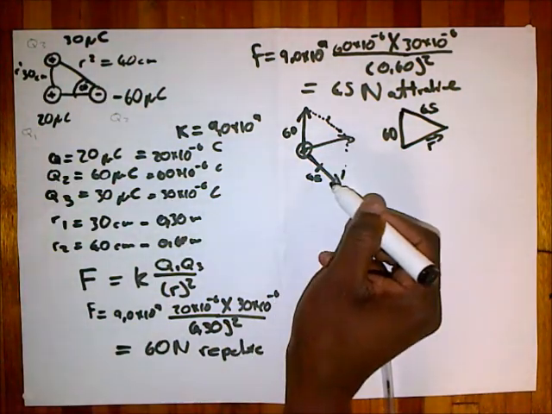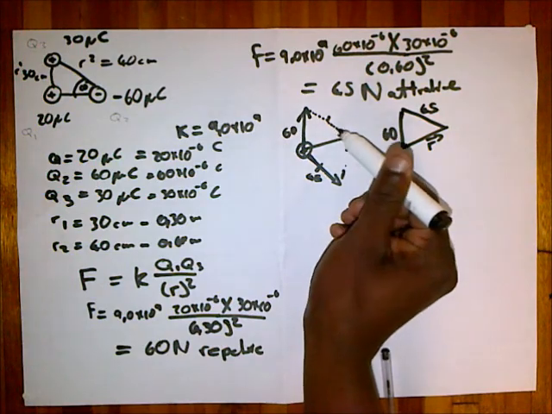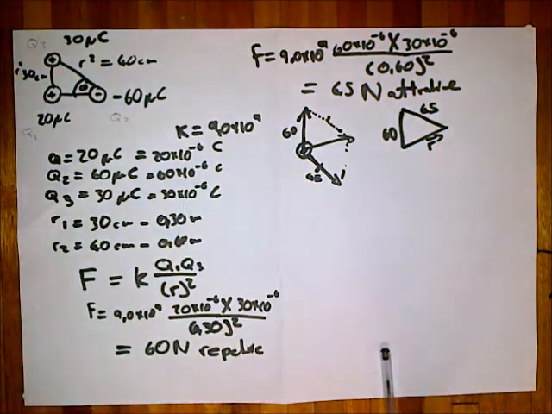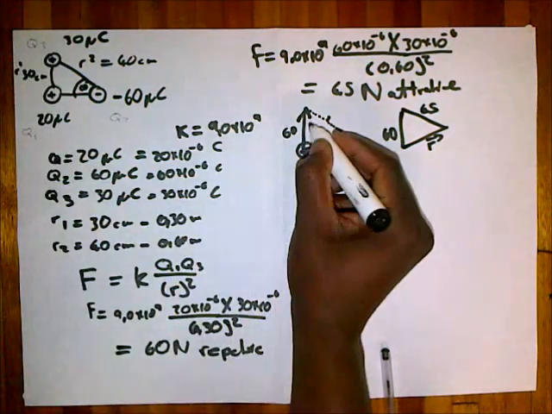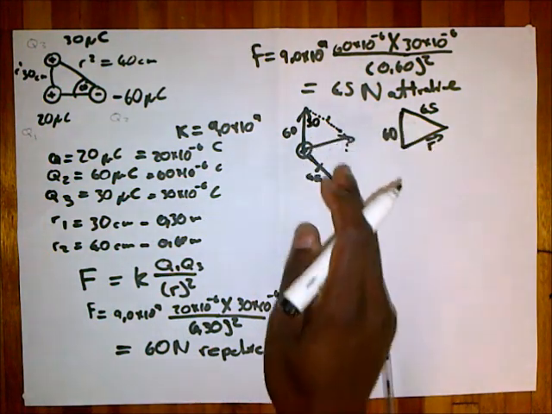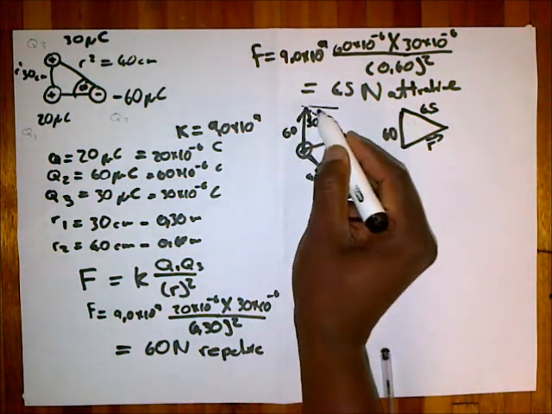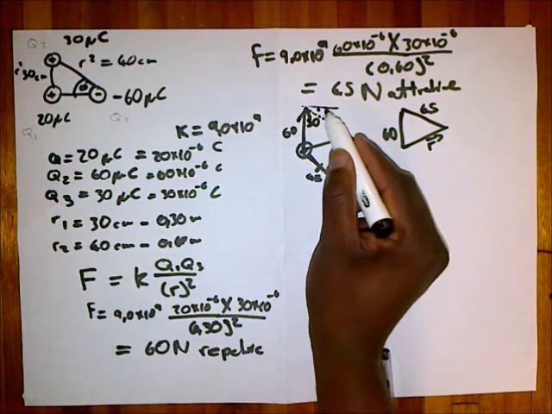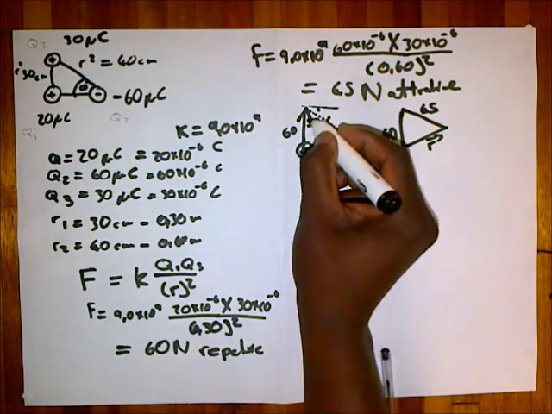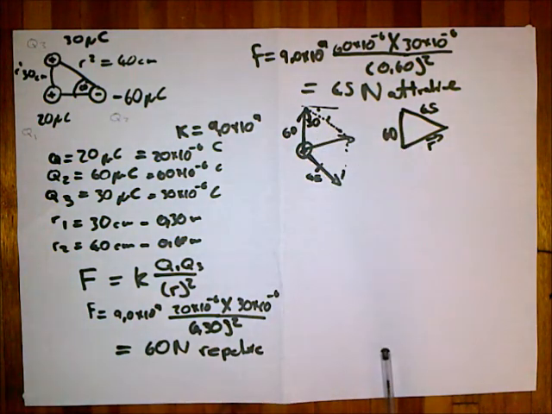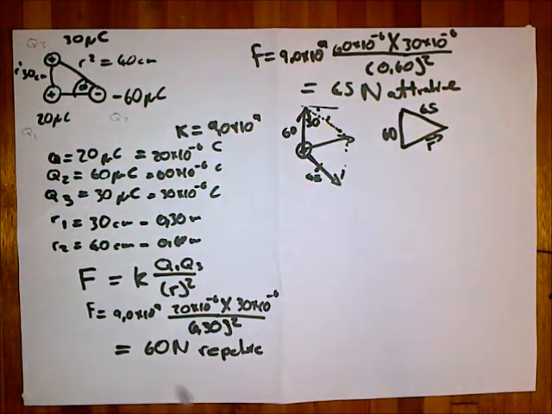So if this is 40 degrees, then this will be 50 degrees, because they add up to 90 degrees. Then we can do our calculations using the cos rule.